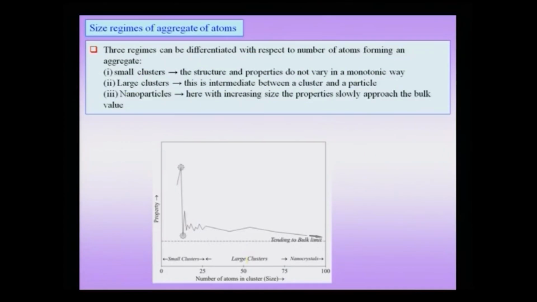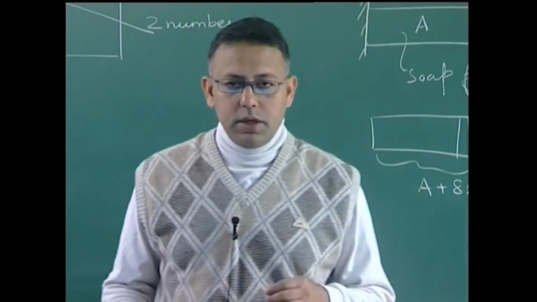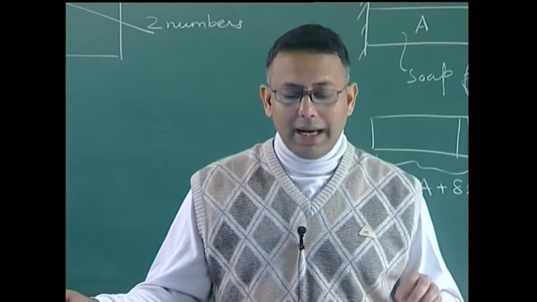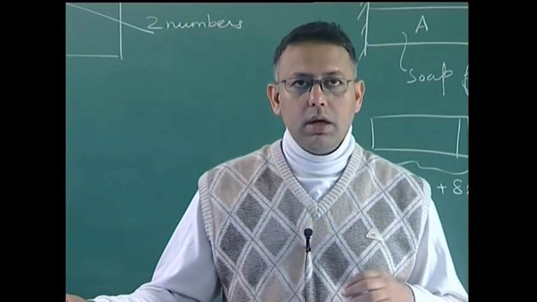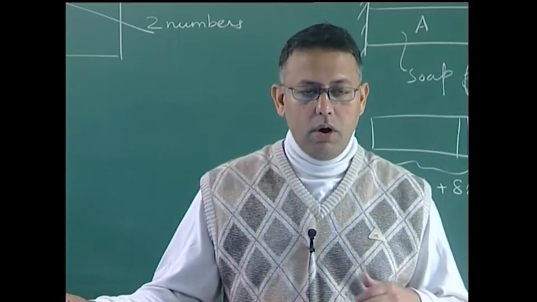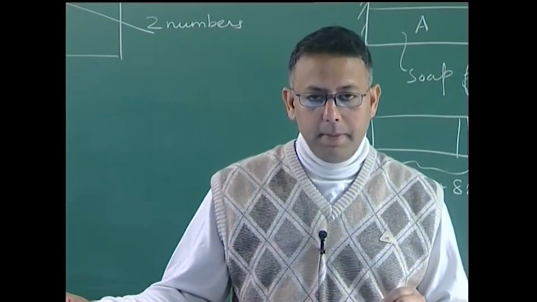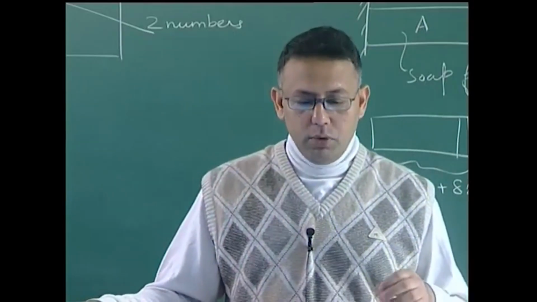Now, we move on to an equivalent, but in some sense distinct concept: how do I classify my nanocrystals or clusters based on a certain kind of property? Now, we have seen that we can go to the nanoscale from two possibilities.